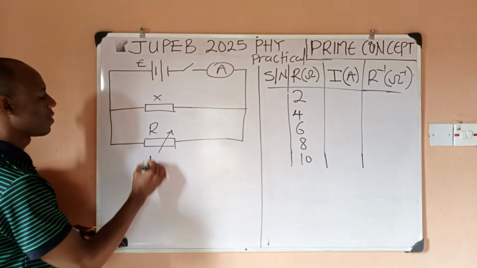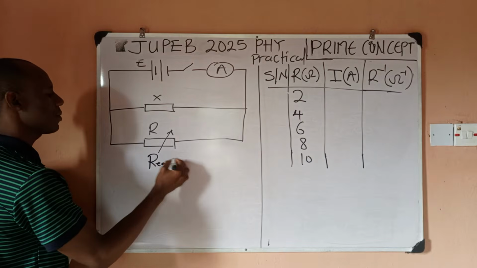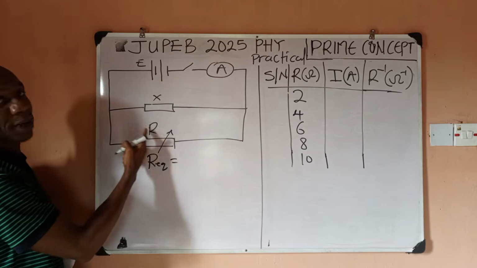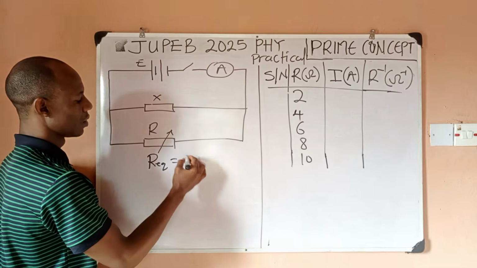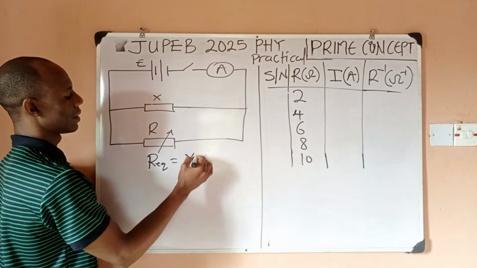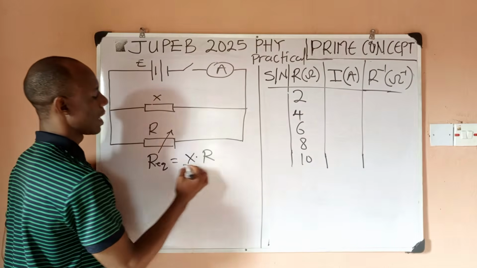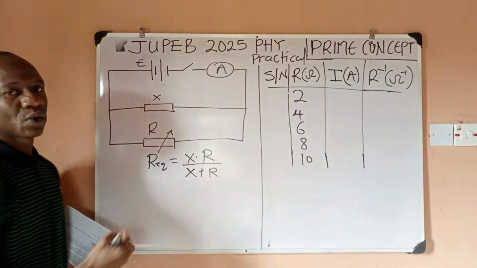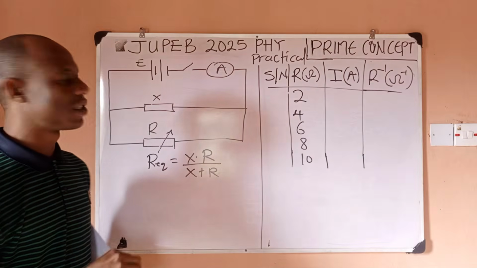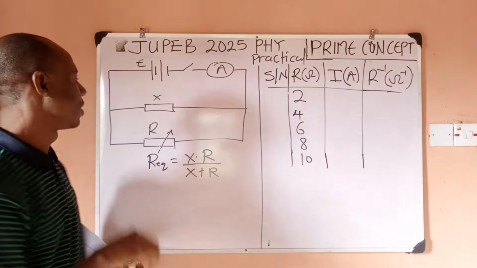When you have two resistors in parallel, your equivalent is simply their product over their sum, which is X times R over X plus R.